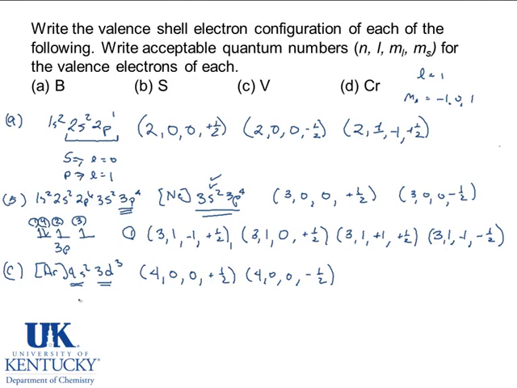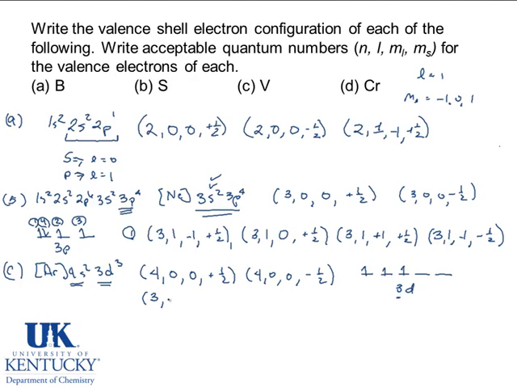Now for the D, it's going to be helpful for us to think about those 5 orbitals, so I can think about where they're located. This is a 3D subshell, and I only have 3 electrons in there. So these 3 electrons are in different orbitals, but spinning in the same direction. So we have a 3 for the n because of this 3.